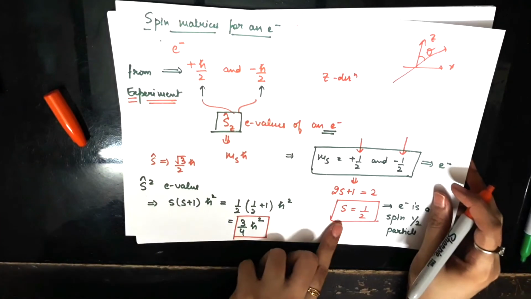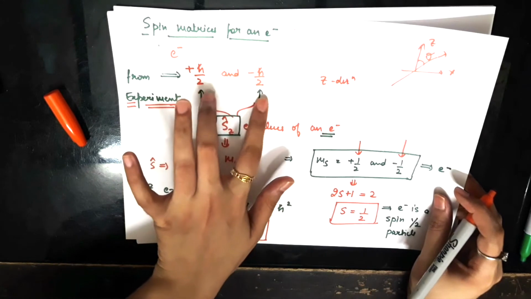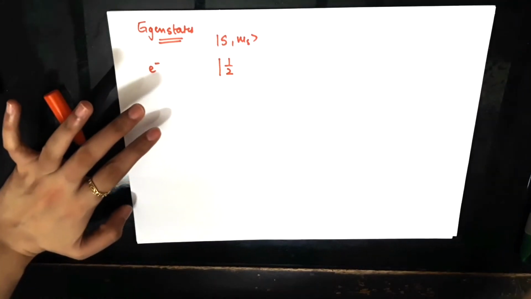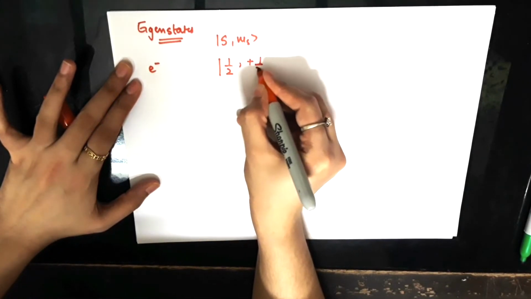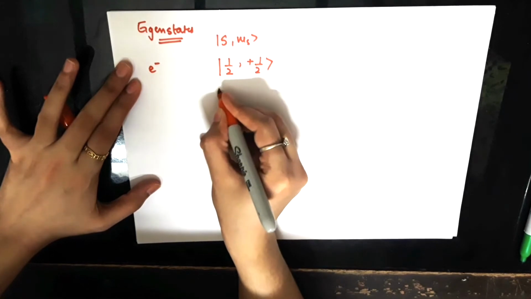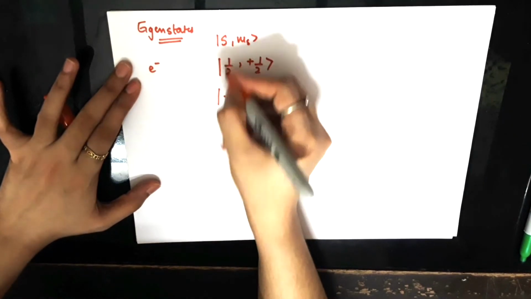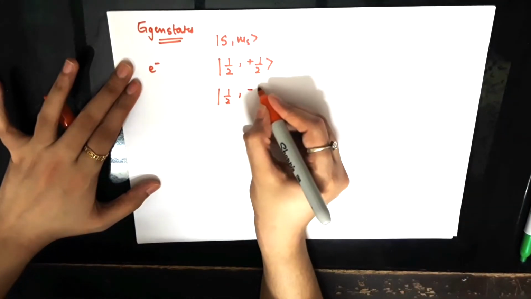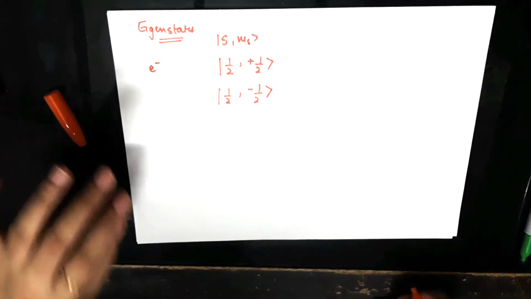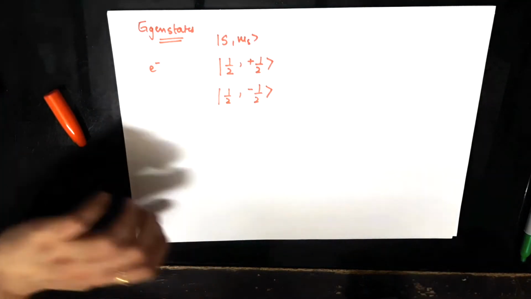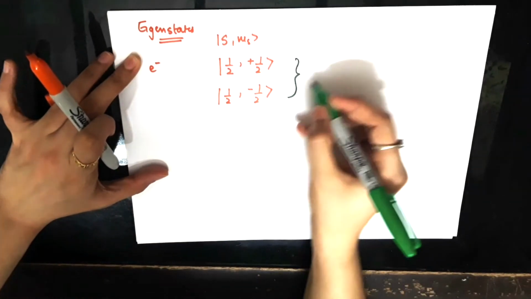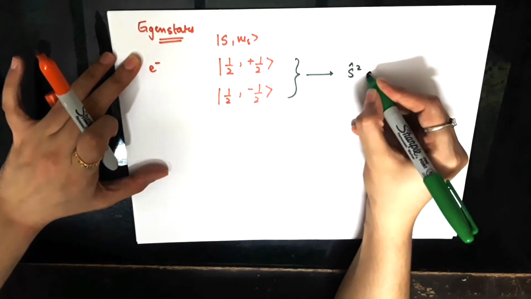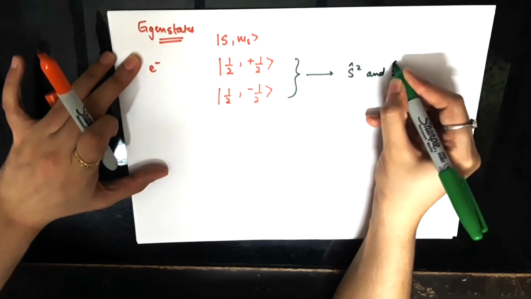So s for an electron never changes. That is figured out from how many eigenvalues you can have for Sz. So the eigenstates are |1/2, +1/2>, and the other eigenstate is |1/2, −1/2>. The s value is always the same, and the other eigenvalue for ms is minus half. So there are two eigenstates in the Hilbert space, and this is in the S squared and Sz basis.